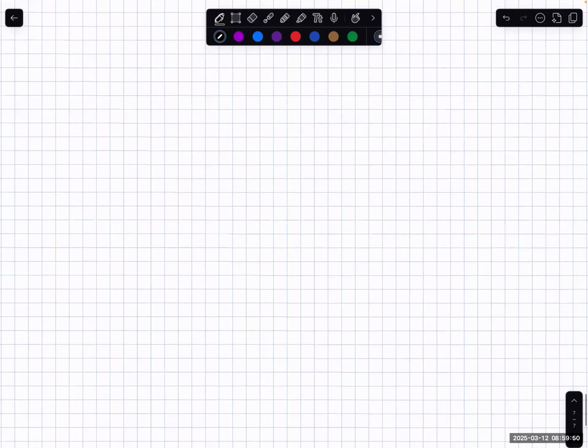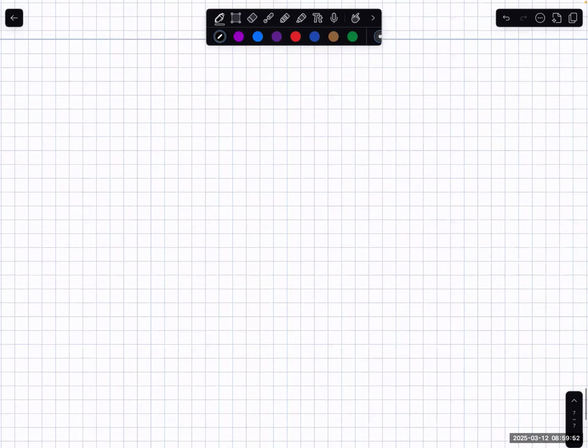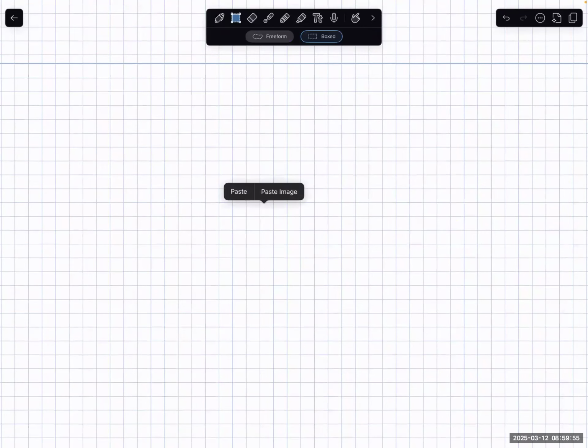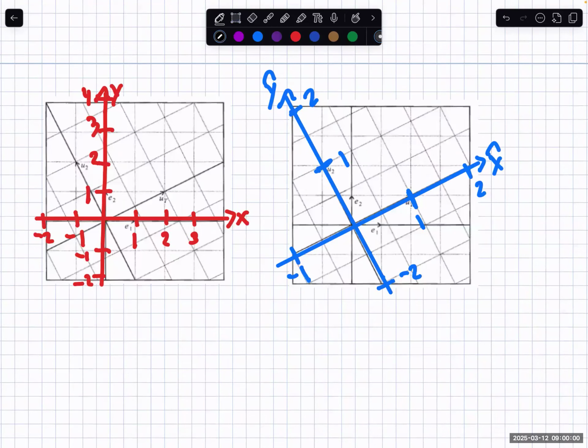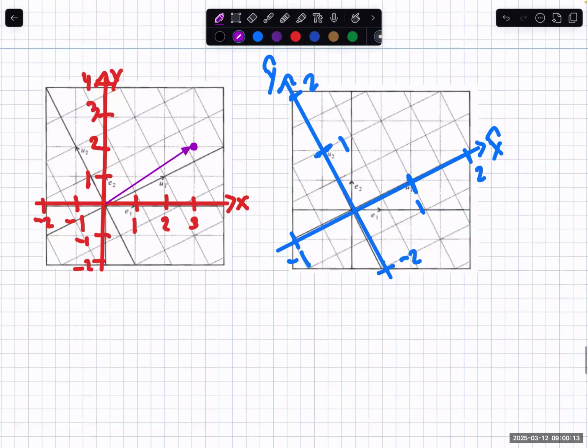Oh, and then just one more notation. Before we knew anything about more coordinate systems, so we didn't know other coordinate systems existed, we would just write v equals 3, 2.